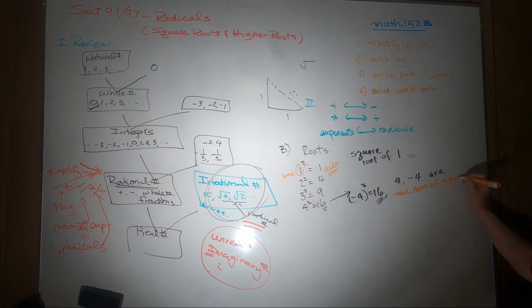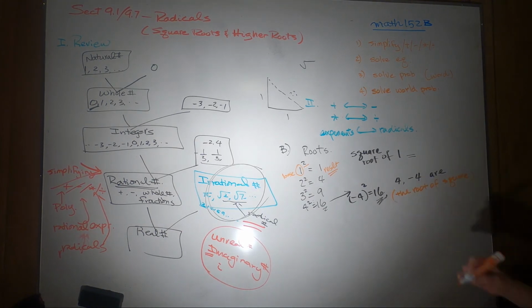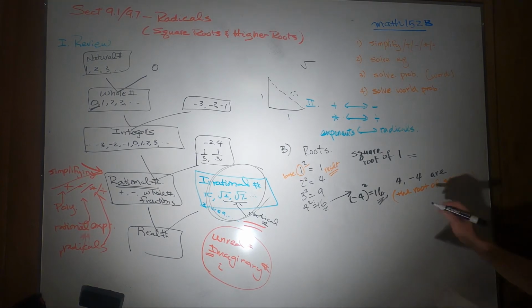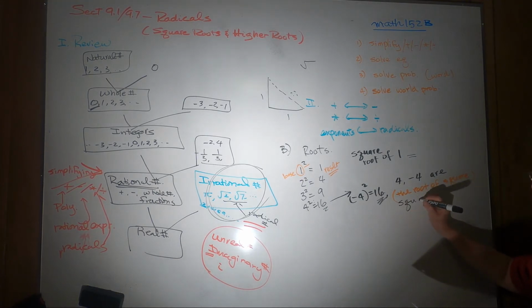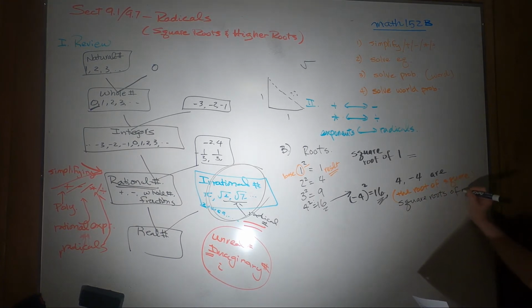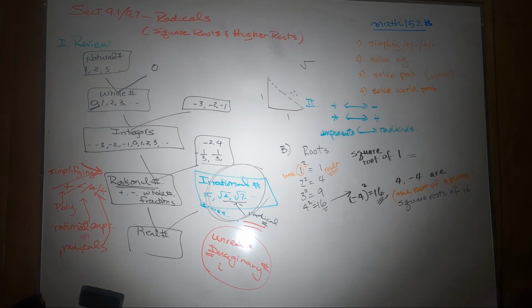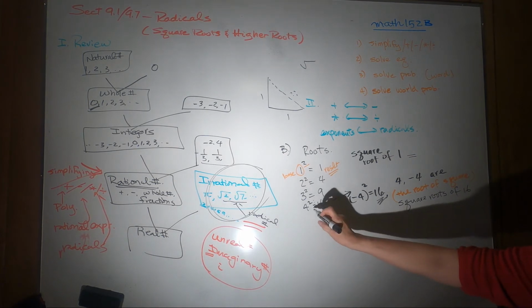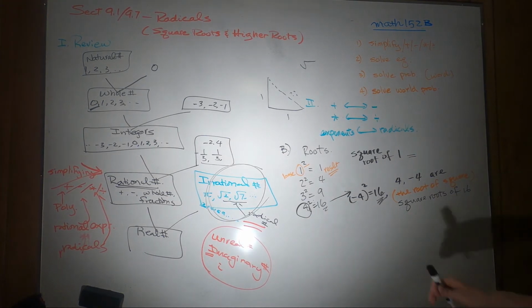right? So we say 4 and negative 4 both are square roots of 16, right? So we are doing opposite. From the result, we find the base, the root, that caused the square to happen, okay?